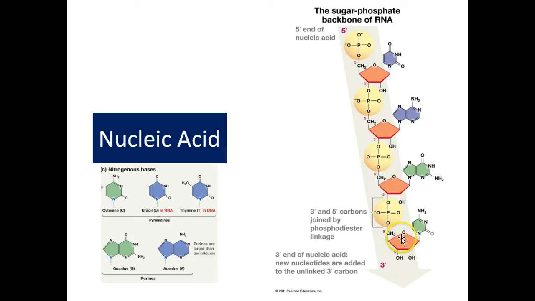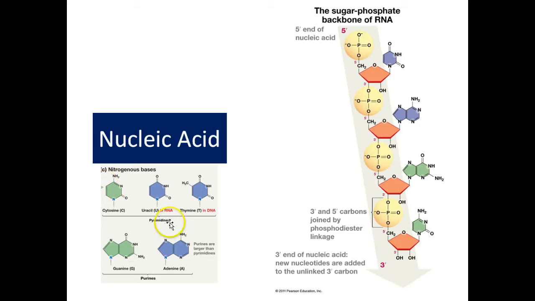The way that RNA and DNA are read is essentially by reading which nitrogenous base is a component of each nucleotide linked together to form the nucleic acid. So you can very easily read this RNA molecule.